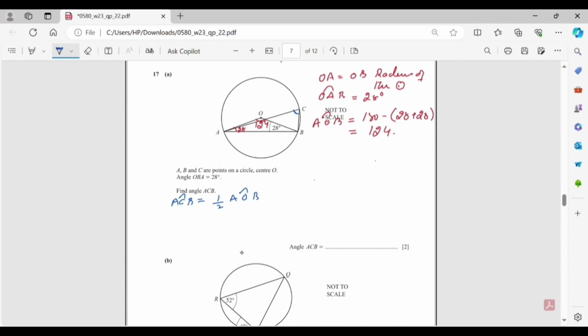Why? The reasoning is the angle at the center of the circle is twice the angle at the circumference.